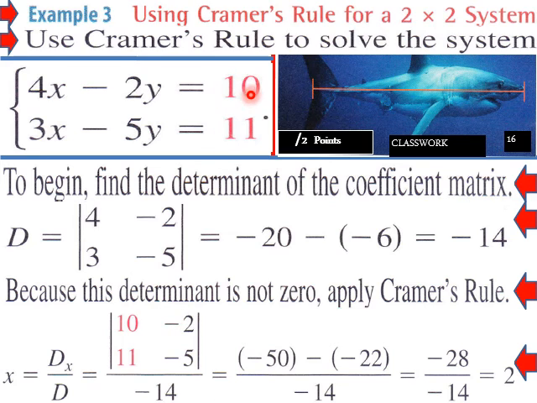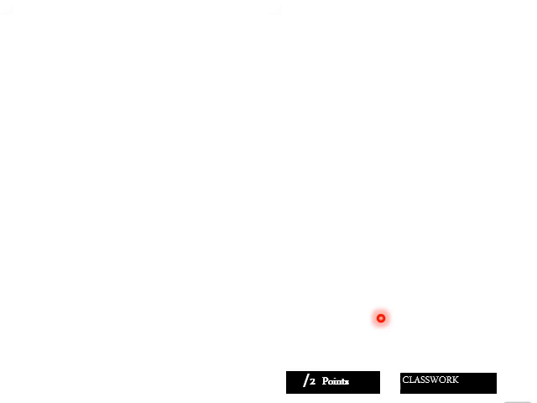And then we put 10 and then 11 over here, and we oppose that to our coefficients for y here, negative 2 and negative 5. When we do our cross multiplication, we have negative 50 minus the negative 22 over negative 14. This comes out to negative 28 over negative 14, which equals 2.